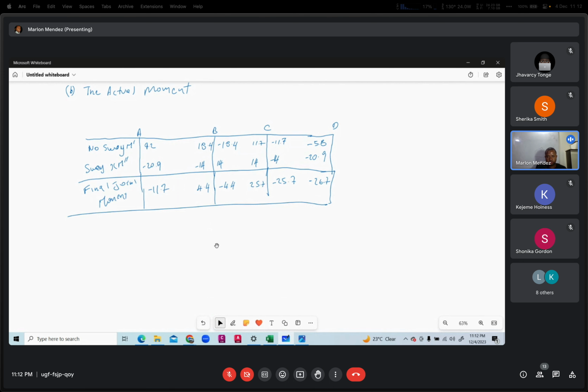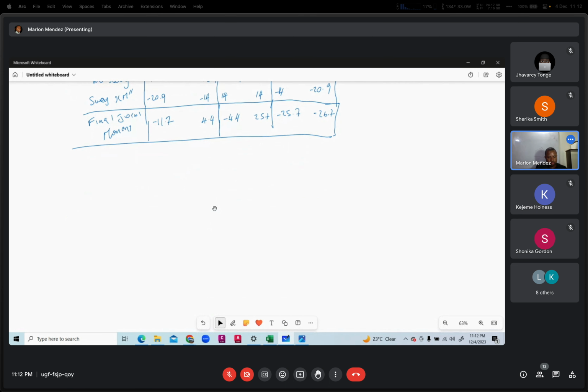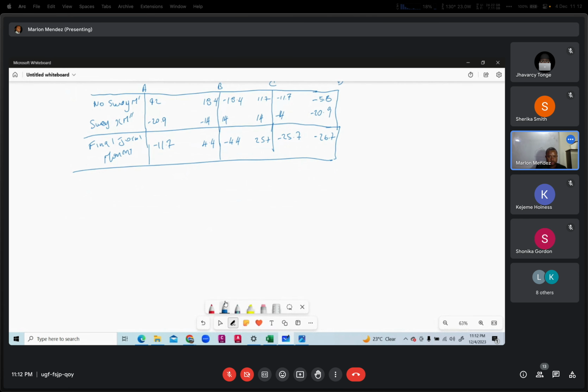So in plotting the diagram, just to give you an understanding, you're basically going to define it based on negative and positive. Positive is clockwise, negative is anti-clockwise. So if I draw out the table like that, this figure here goes anti-clockwise, so it goes this way.